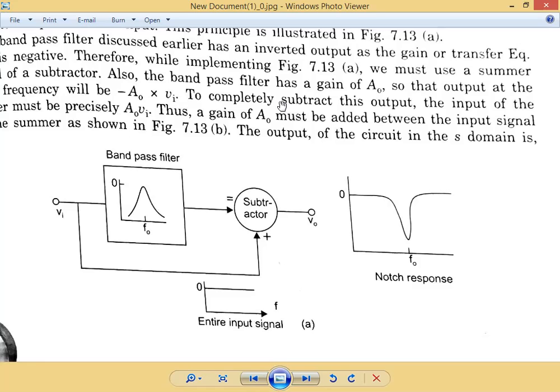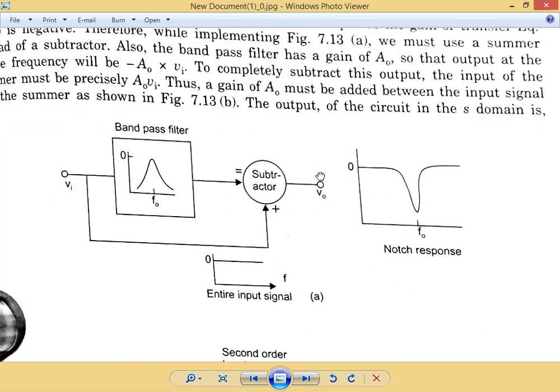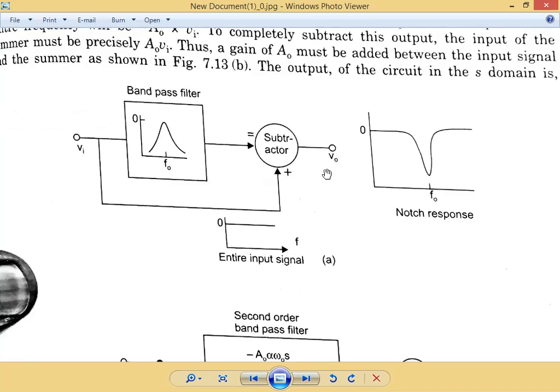So this is further divided into two types. Sorry, narrow band reject filter as well as wide band reject filter.